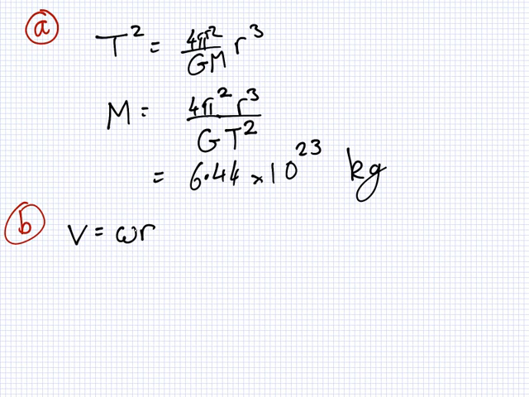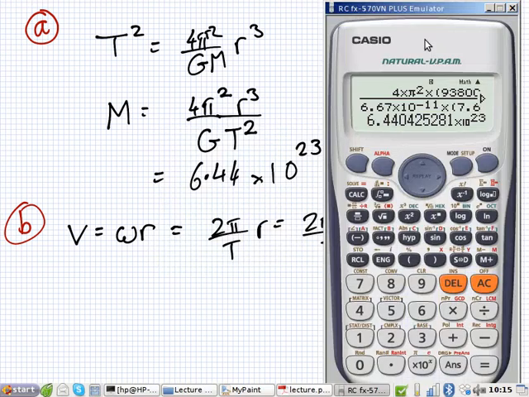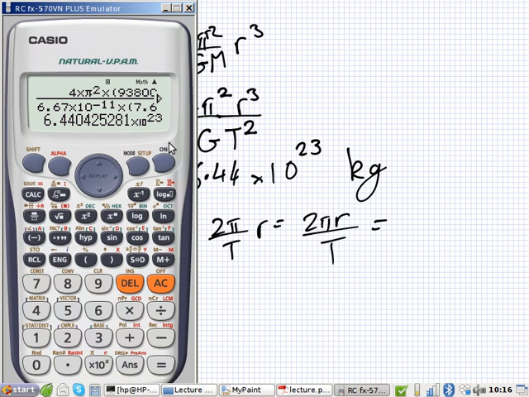But I think this one's a little easier because we know the omega is 2 pi over T. So the answer is 2 pi r over T. And we know both the r and the T. Yeah? The T is 7.65. Yeah. We're still using the moon.